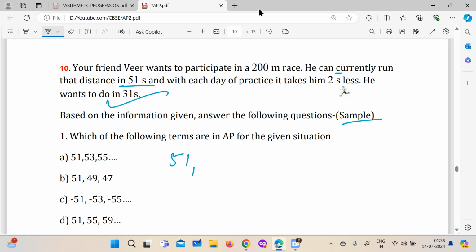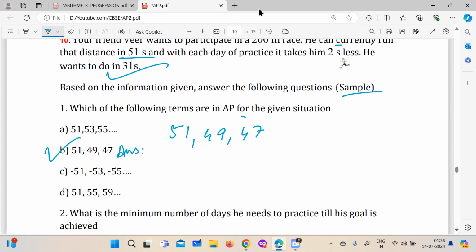So 51 minus 2 will be 49, and then 47. So which of the following terms are in AP for the given situation, means which one will agree. So 51, 49, 47. So this is the answer. This is from last year's sample paper. Yeah. Then let's see the next one.